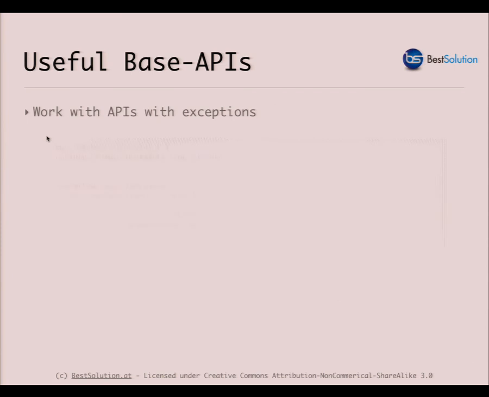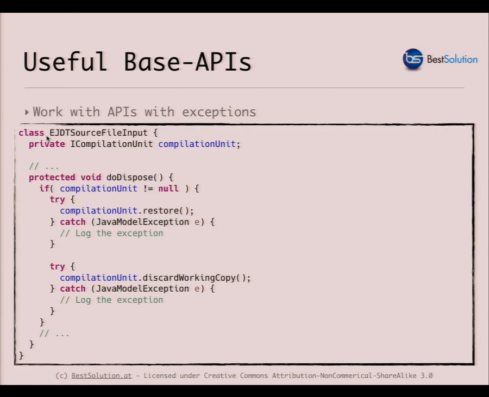So next thing, working with exceptions. I was working a lot with the JDT APIs, and they are always throwing checked exceptions all the time. So this makes your code unreadable. This is when the system goes down. I want to clean up. The only thing I have to do with the exception is catch it and log it. That makes no sense.